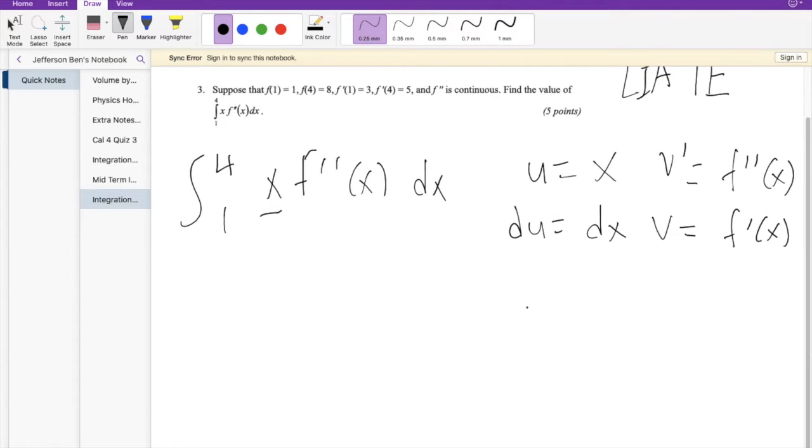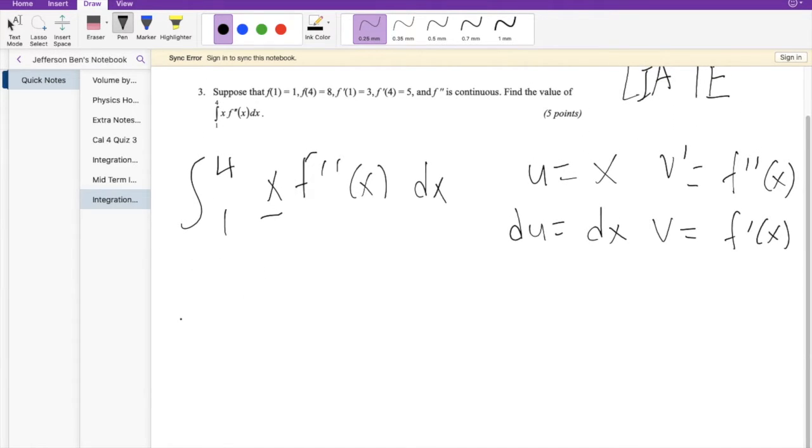Okay, and now you can just apply the formula. However, this is a definite integral, so you have to note that you have to substitute in the 4 and 1. So you get uv, which is x f prime x, and I recommend you to write it so that you solve it differently.